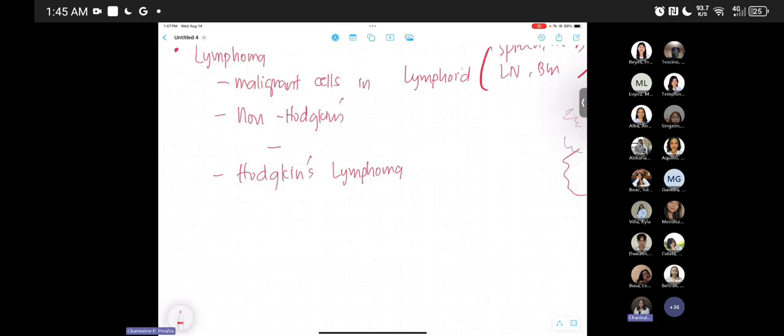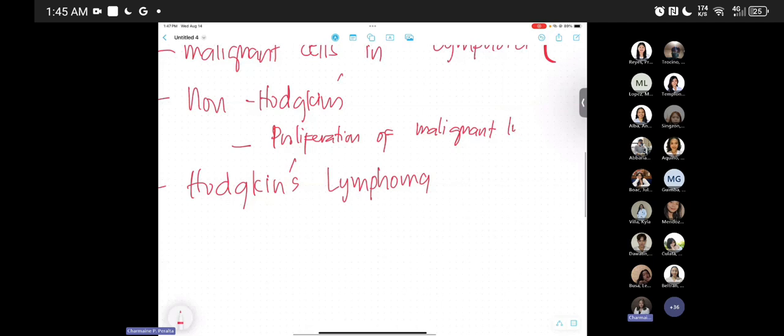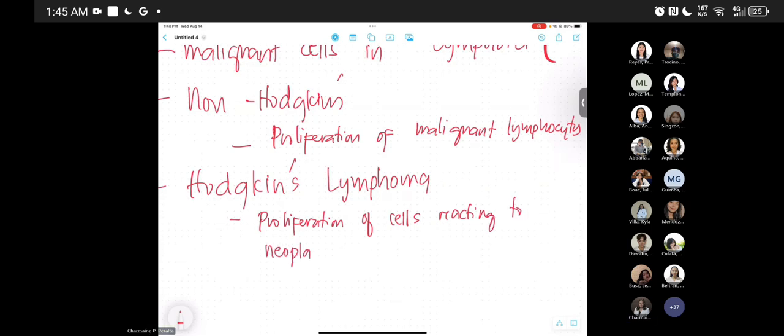Si non-Hodgkin's, proliferation of malignant lymphocytes. Sa Hodgkin's lymphoma, merong proliferation of cells reacting to neoplasms.